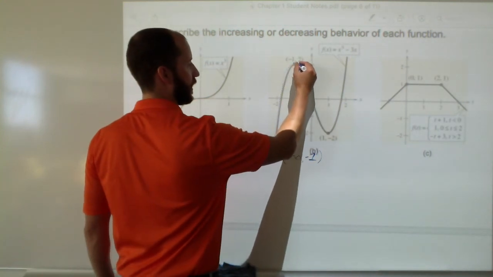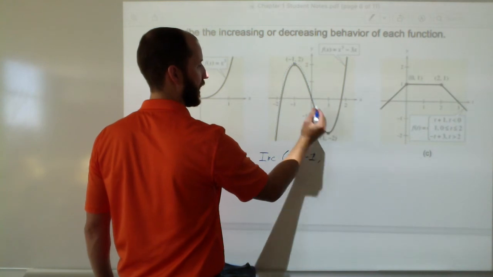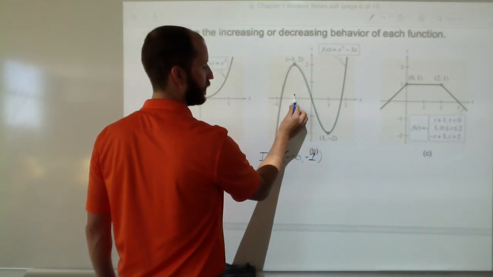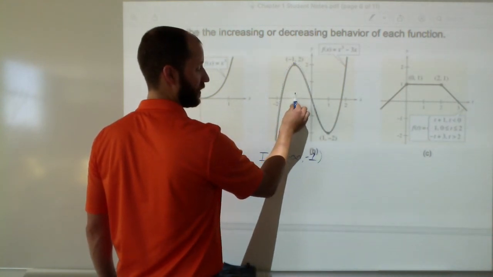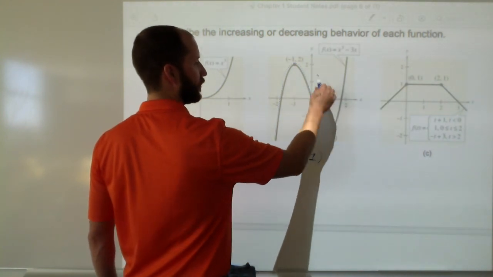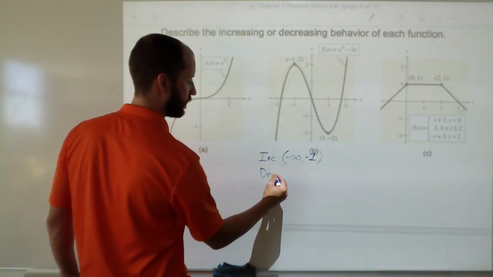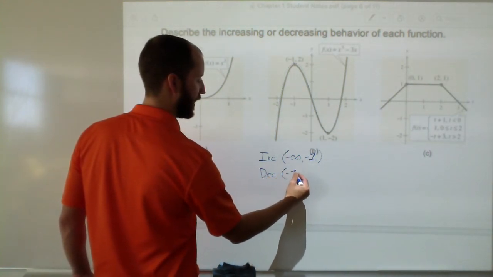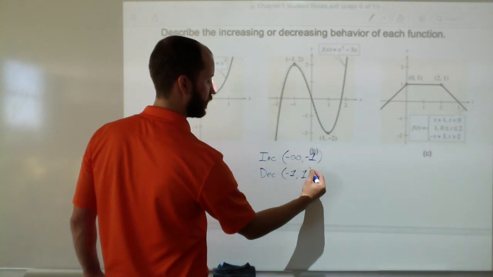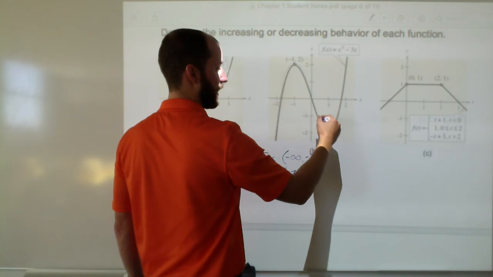And then we kind of get over that hump and we start going down, down, down, down from x equals negative 1 to x equals positive 1. On that interval, the y values are decreasing. So we are decreasing from x equals negative 1 to positive 1. We bottom out.